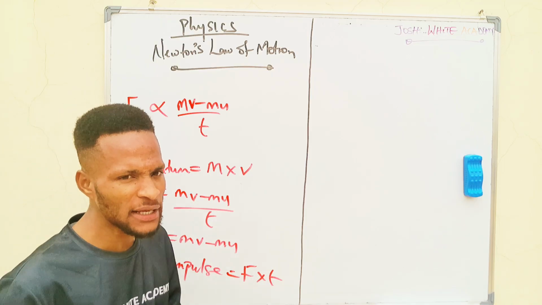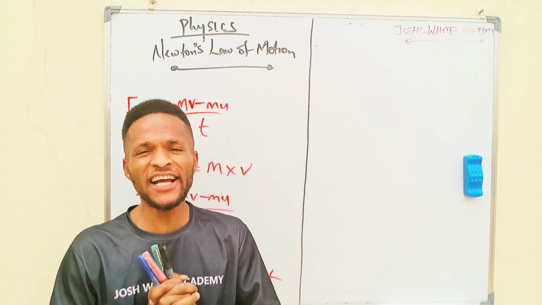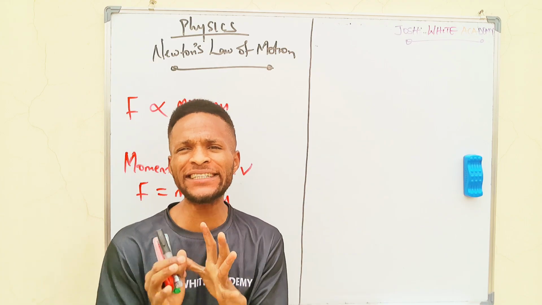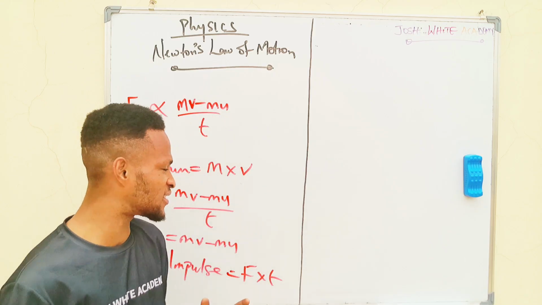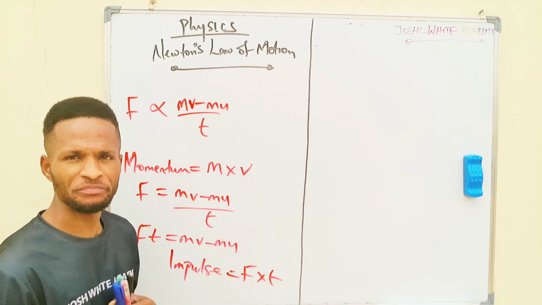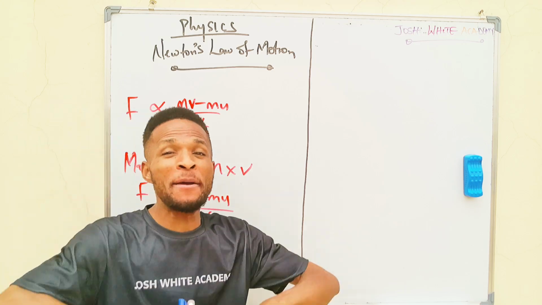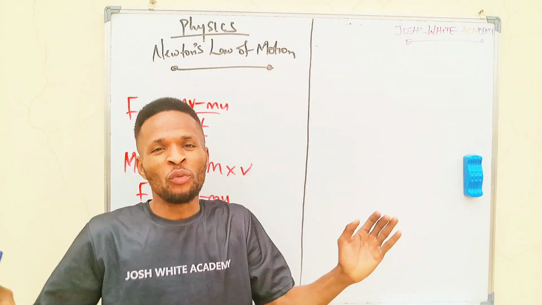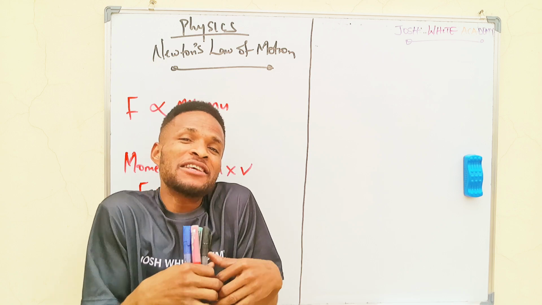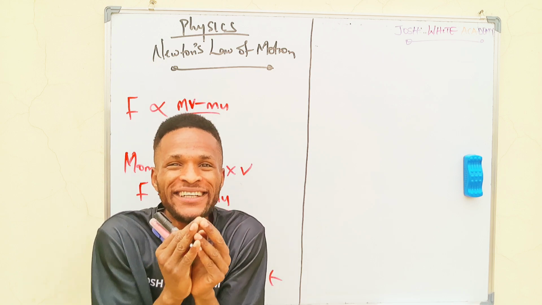Now, I would like you to take note that momentum of a body is related to mass and velocity, as this formula explains. So, a big body with a little velocity can have similar momentum with a small body with high velocity.